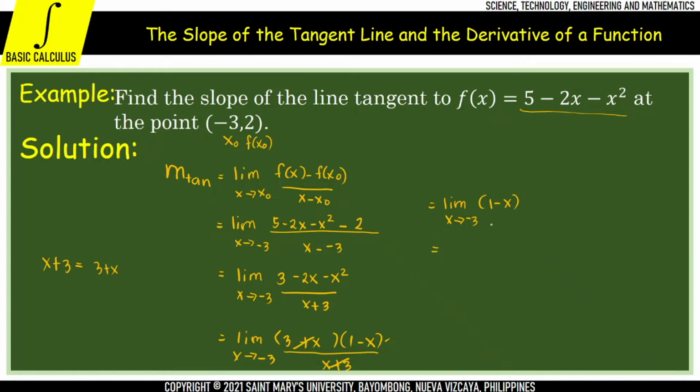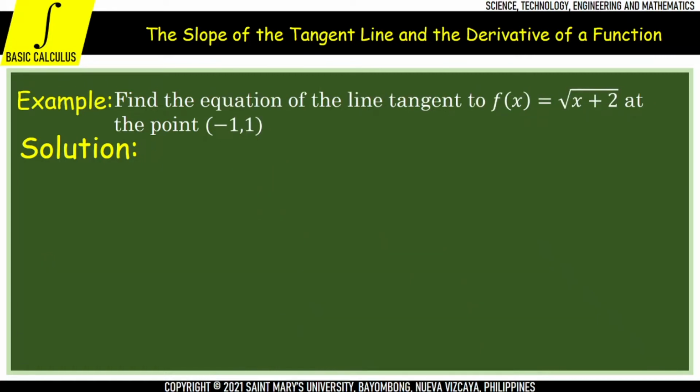So, kung nag-direct substitution, tanggalin mo na yung limit. So, we have 1 minus negative 3, which is equal to positive 4. Therefore, we can say that the slope of the tangent line to the graph of f of x equals 5 minus 2x minus x squared at the point negative 3, 2 is equal to positive 4. So, that's our first example.